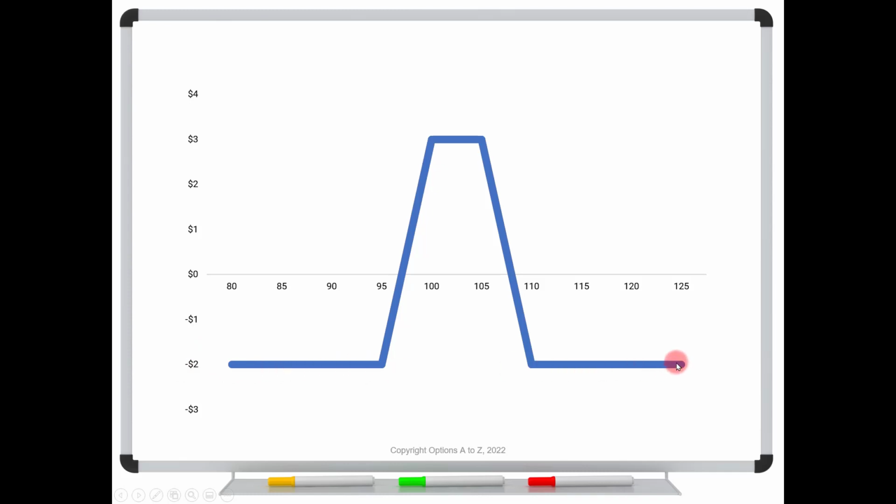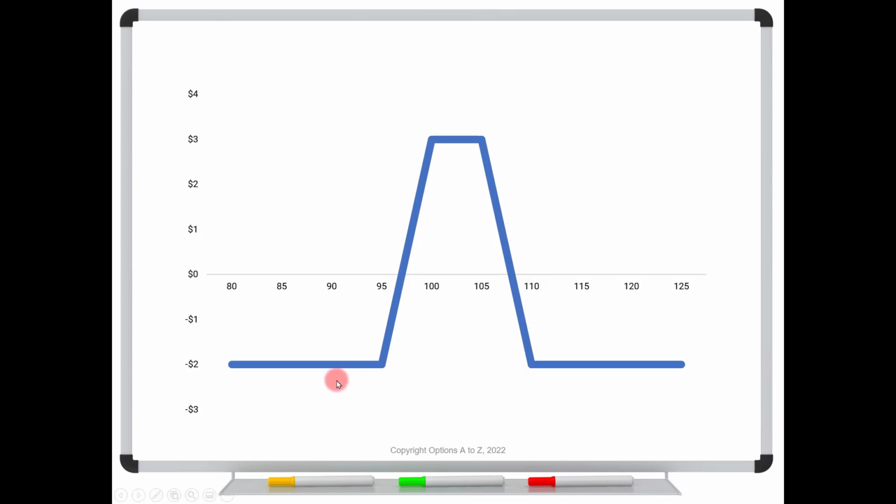Now, a little side note, a lot of new traders think that the reason you use a strategy like this is because you think the stock is going to sit still. That is never a good reason for using any strategy, just because of what you think. The reason for using this strategy, or any strategy for that matter, is because you have some type of an edge, or at least a theoretical one.